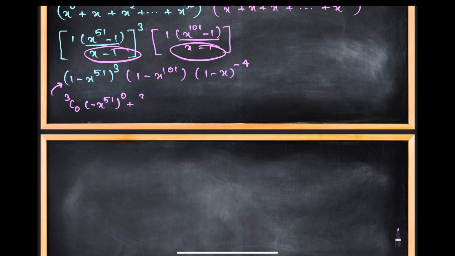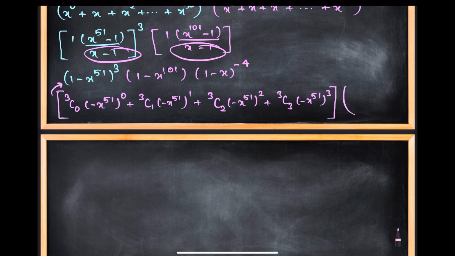Now 3C1 (minus x power 51) power 1, 3C2 (minus x power 51) power 2, 3C3 (minus x power 51) power 3. So this is the expansion of the first part. It will be multiplied with (1 minus x power 101) and then (1 minus x) power minus 4. Just be super slow. Okay, I'll connect the dots.